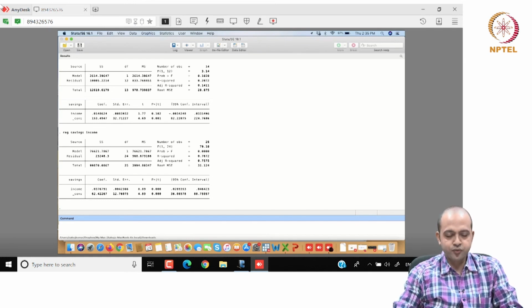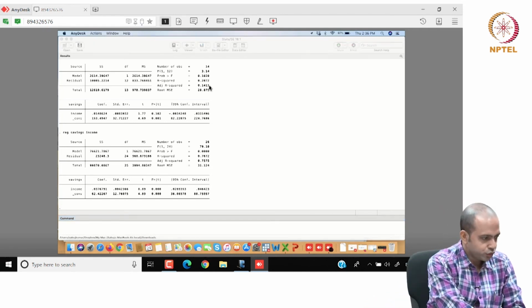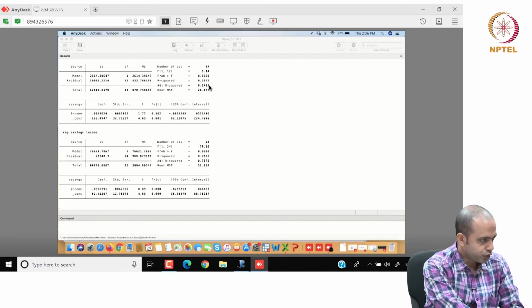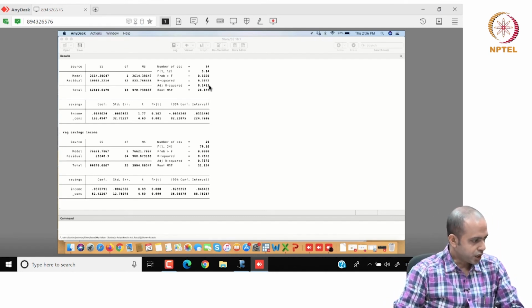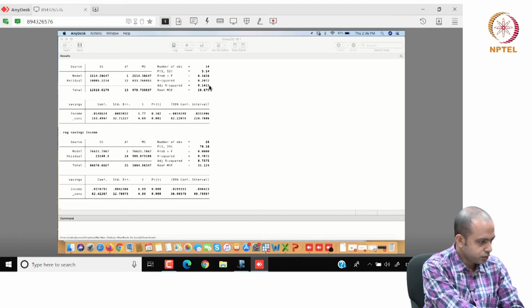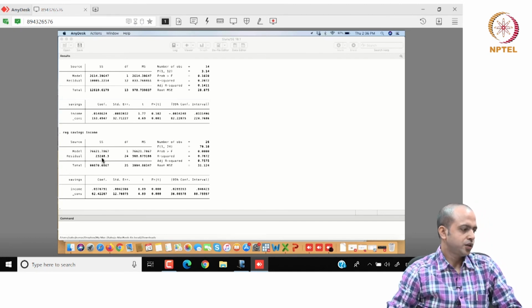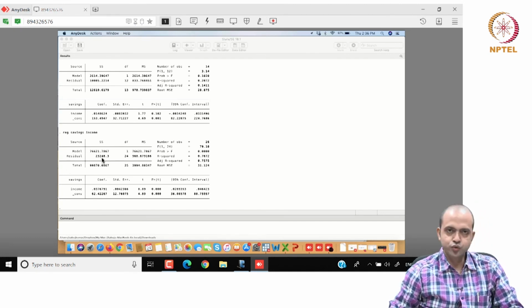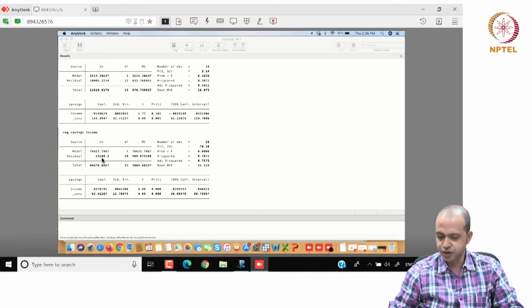So, you have to carefully note down the 3 RSS. From the combined, restricted model, the RSS is 23,248.